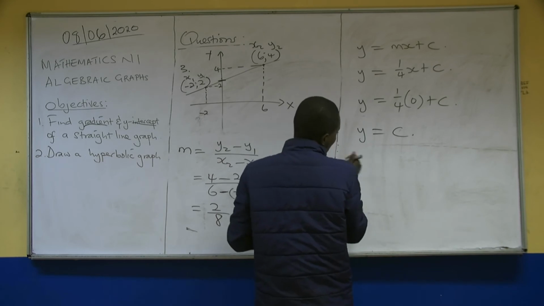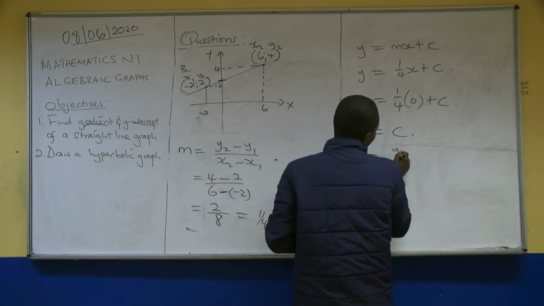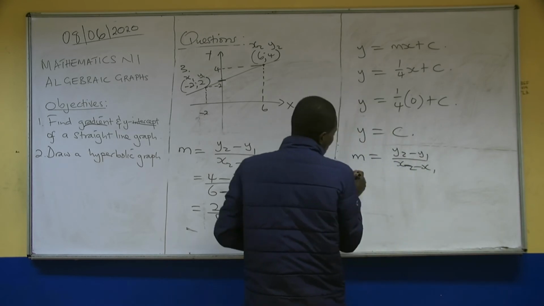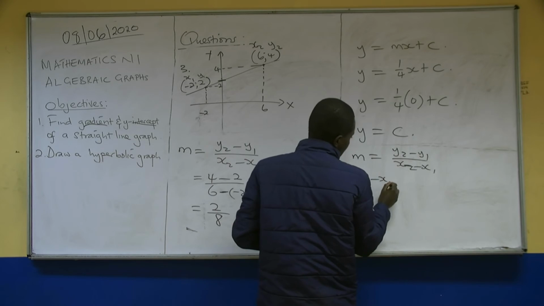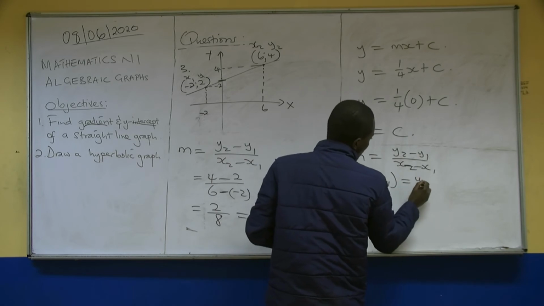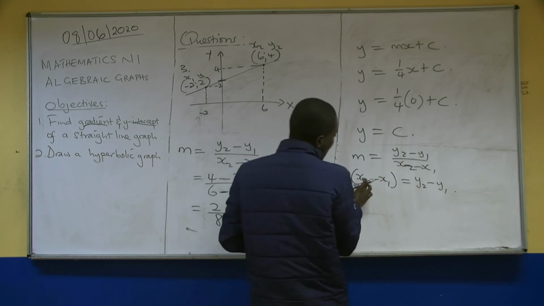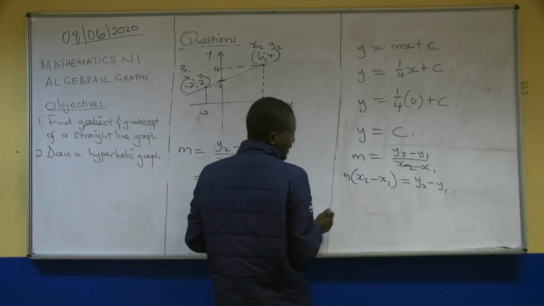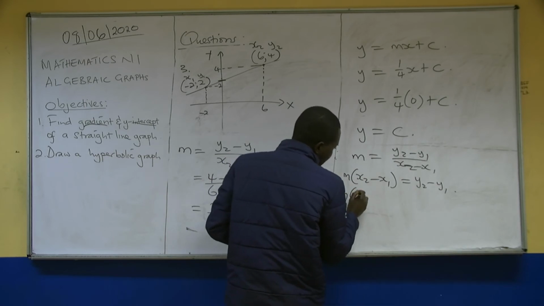Now you remember very well that we said also if you want the equation of a line, y2 minus y1 over x2 minus x1, we can simply say it is the same as x2 minus x1 is equal to y2 minus y1. Where the x2 and the y2, they are the axis.